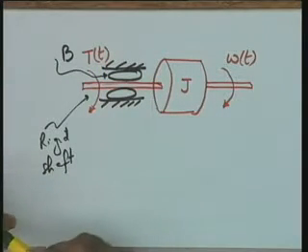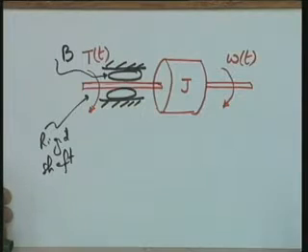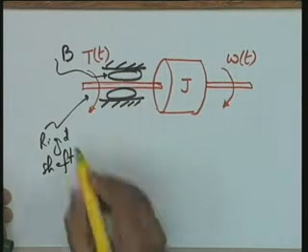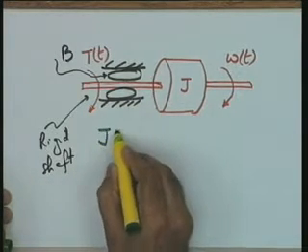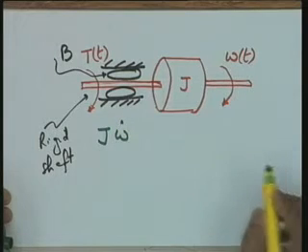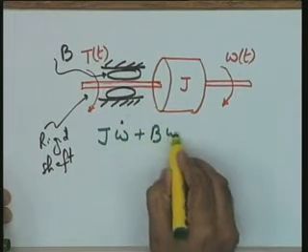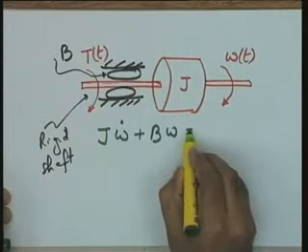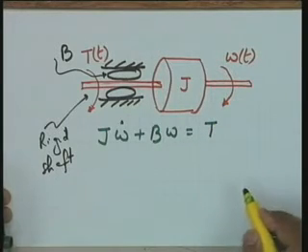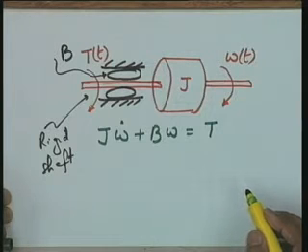J and B are constant parameters of the system. I hope you do not need any explanation for this equation. I can write the equation as J omega dot, J into acceleration, plus B omega, B into velocity, is equal to T, the torque applied. This is the basic differential equation model for this particular system.